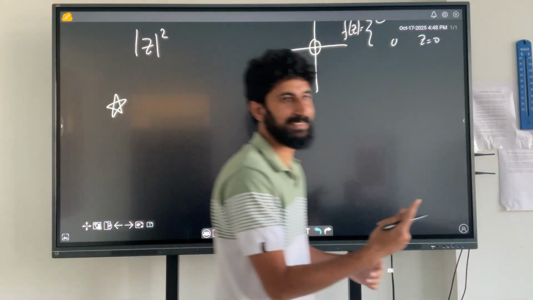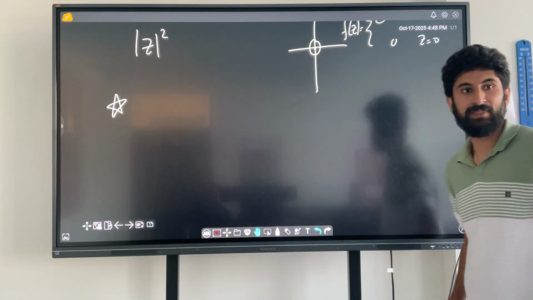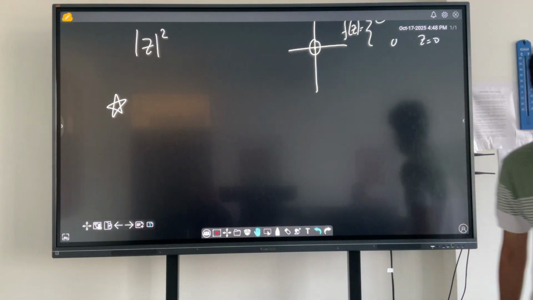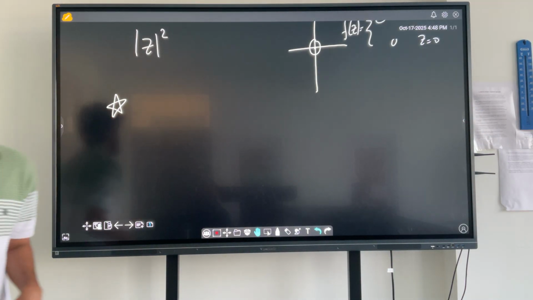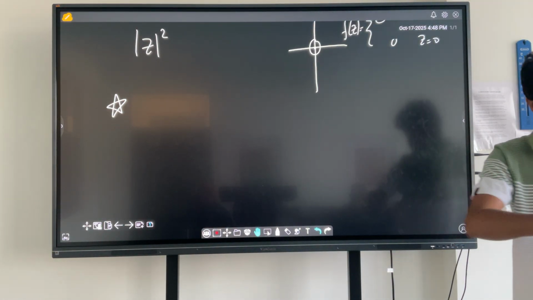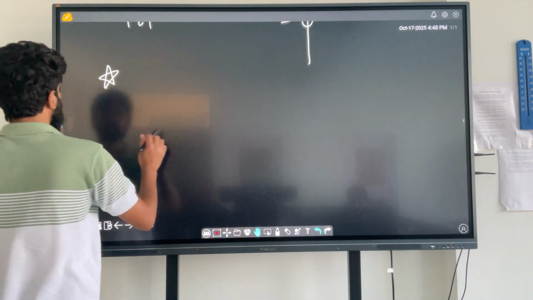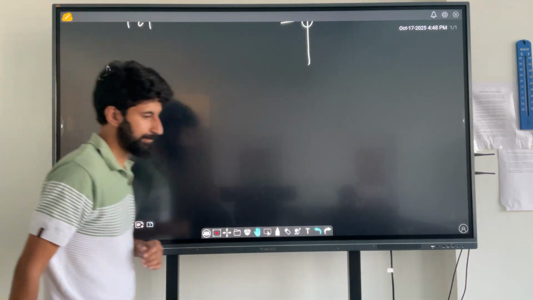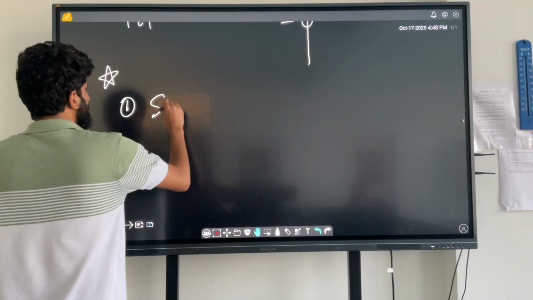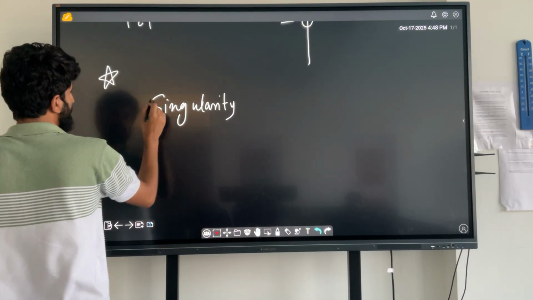Now that we understand analyticity very well, let's try to identify what kind of non-analytic stuff can come in. You can destroy analyticity at a point, depending on how the things around it are. The first kind of non-analyticity that can come is called singularity, isolated singularity.